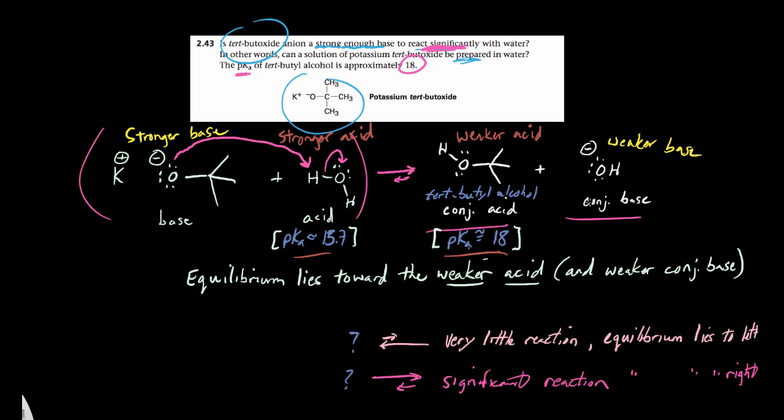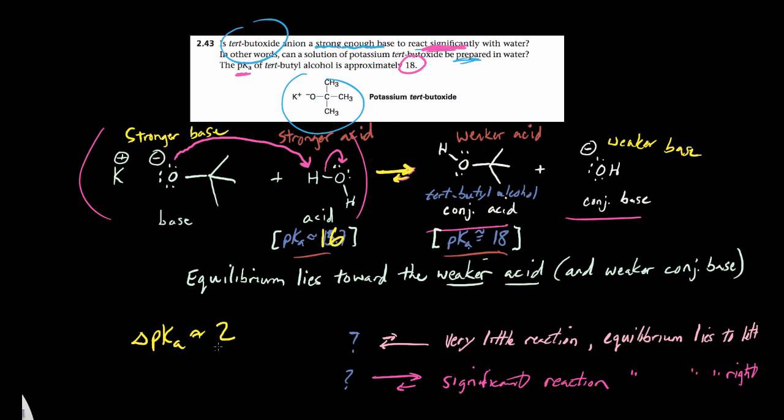So the question is, can you prepare this? Well, the equilibrium lies toward the weaker acid and weaker conjugate base. So the equilibrium does lie toward this direction, the direction that we put the arrows in the first place. And to what extent? Well, the delta pKa is about 2. And remember, pKa is a negative log.